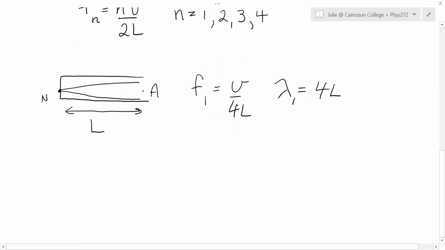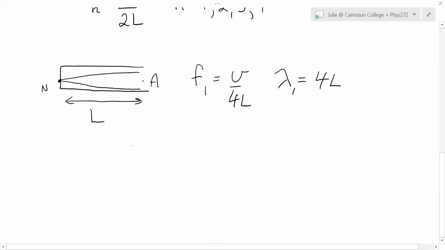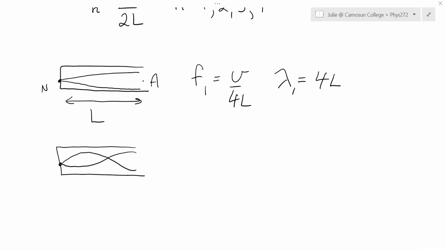Now, when you do the next picture, you add a node, and you now get a picture that looks like this, which is 2/3 of a wave. And so there is no second harmonic. This is the third harmonic, and it's 3f1.